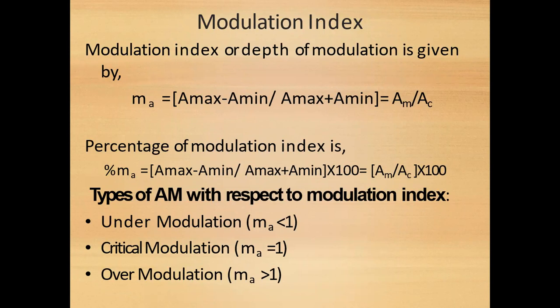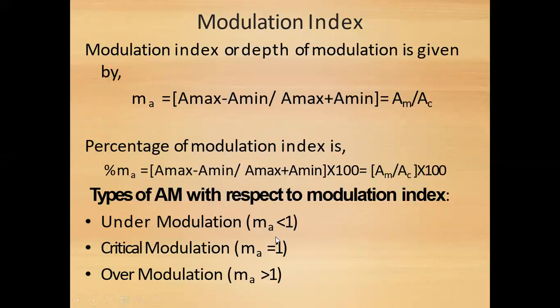The formula for the modulation index is A max minus A min divided by A max plus A min, where A max is the maximum amplitude and A min is the minimum amplitude. This can also be represented as Am by Ac. If we need the percentage of modulation index, we multiply by 100.